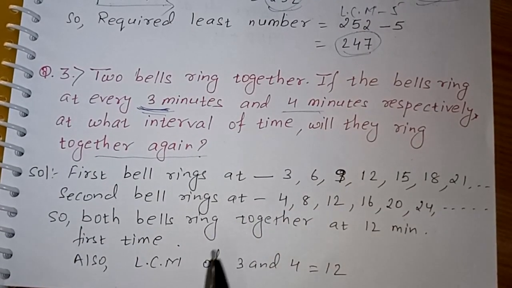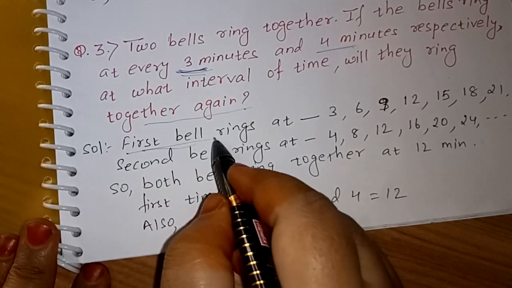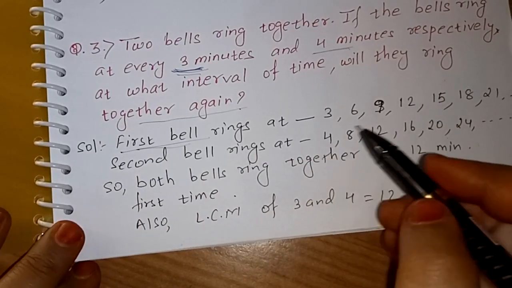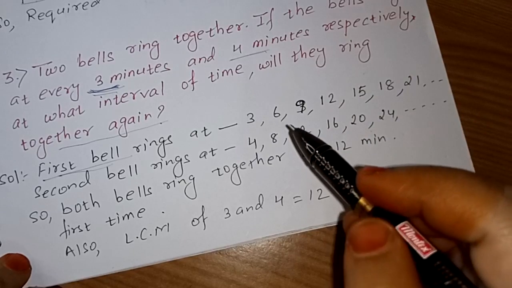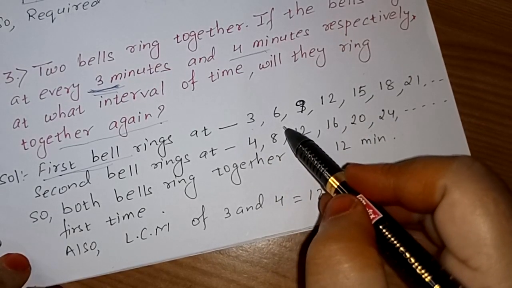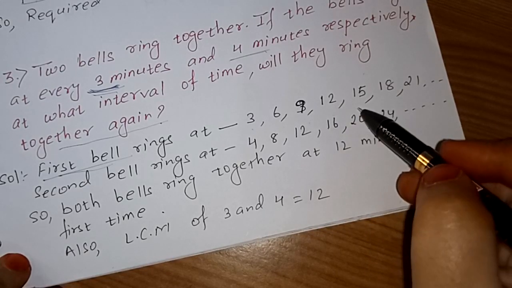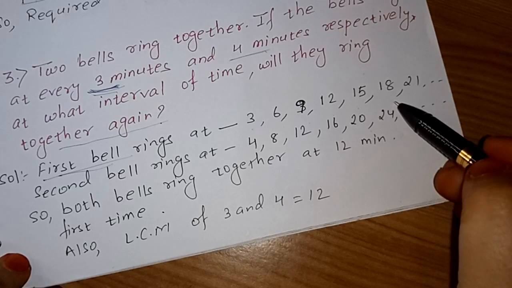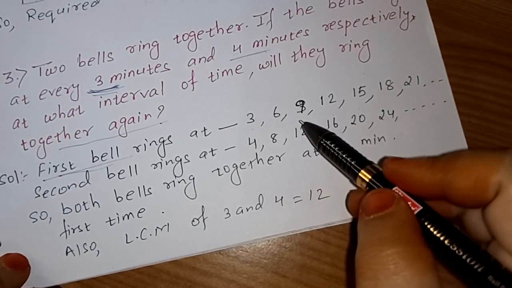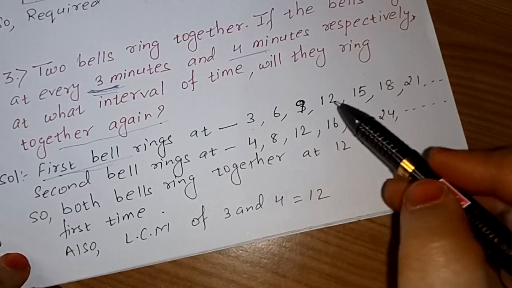Okay. So, see children, first bell rings every 3 minutes. So first the third minute, then 6th minute, then 9th minute, then 12th minute, then 15th minute, then 18th minute, like this. So the third minute, 6th minute, 9th minute means what?